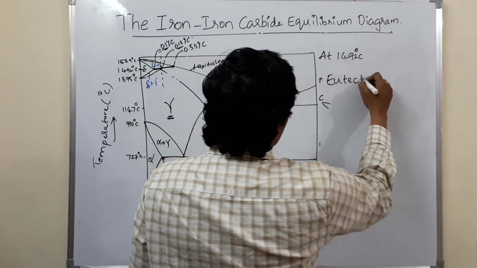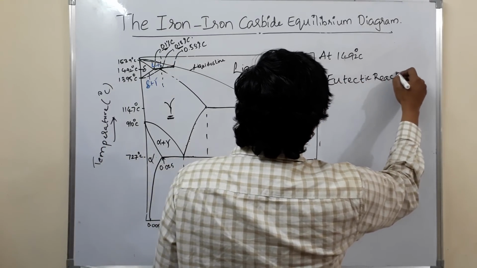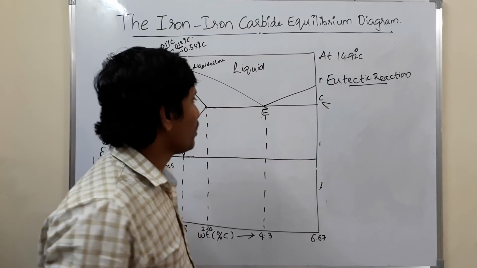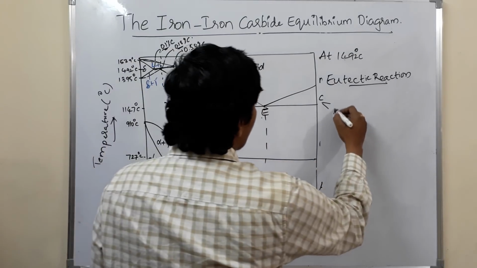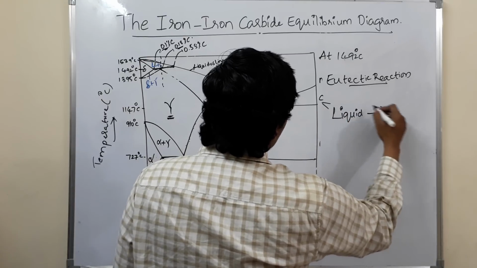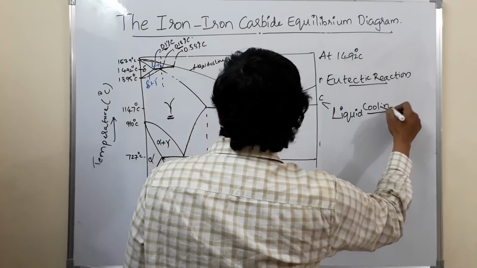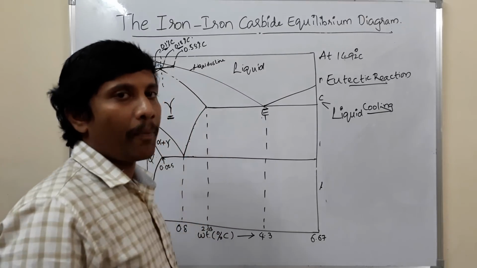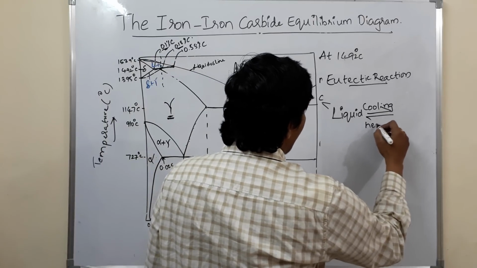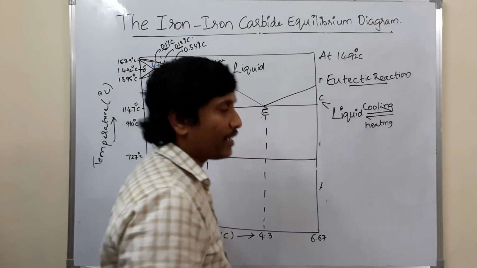You will be getting eutectic reaction. Okay. So what is eutectic reaction? What is eutectic reaction? Liquid upon cooling, liquid upon equilibrium cooling. Okay. Or I am taking the reverse as heating.